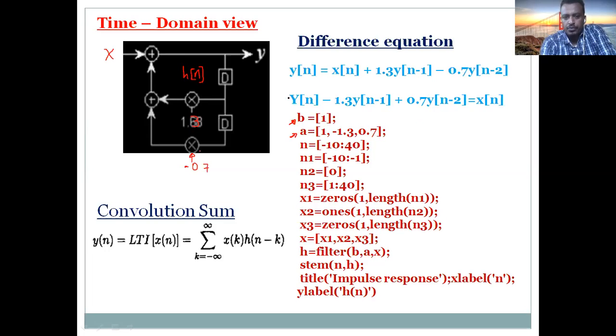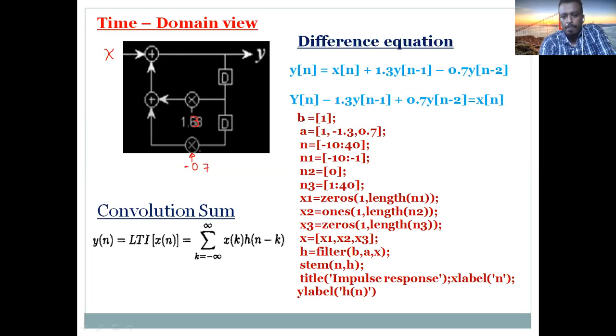So what is the coefficient of y of n? It is 1. So we put it here. What's the coefficient of y of n minus 1? Minus 1.3. We put it here. And the coefficient of y of n minus 2 is 0.7. We put it here.